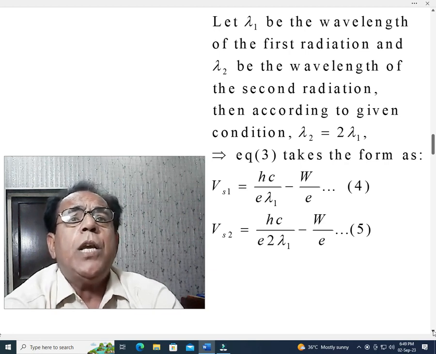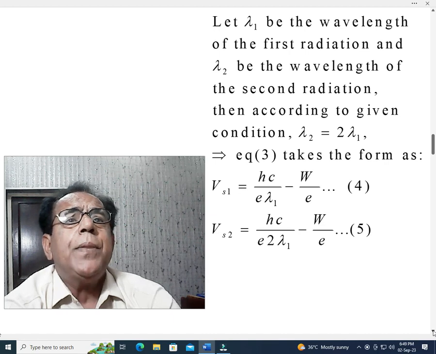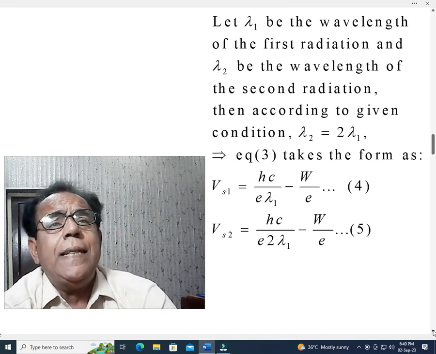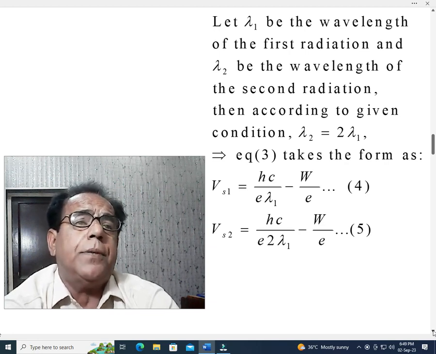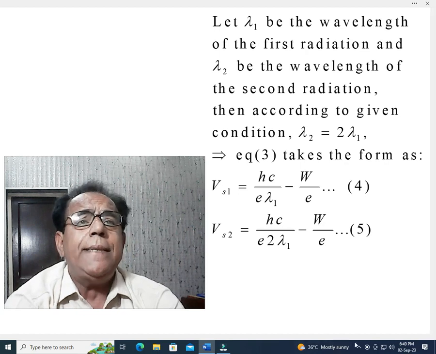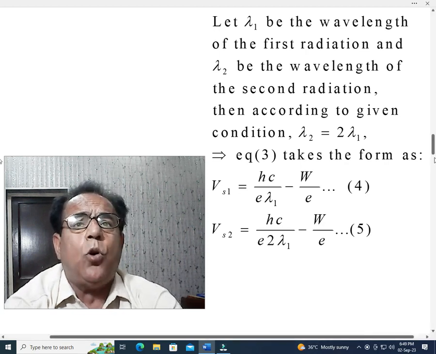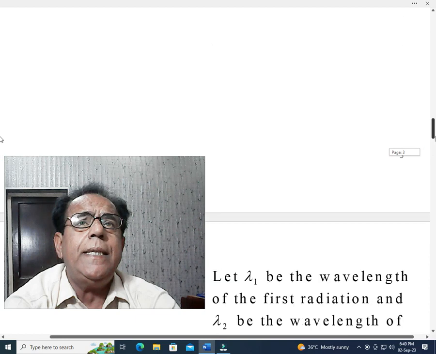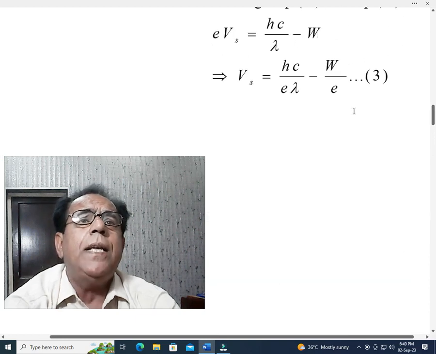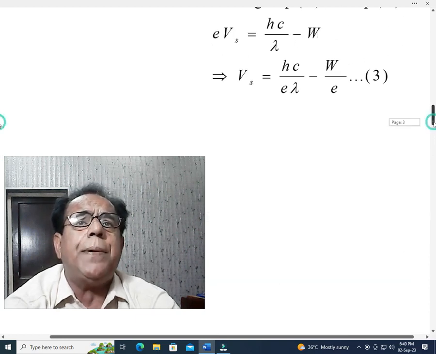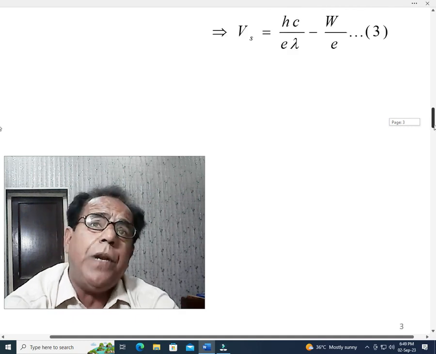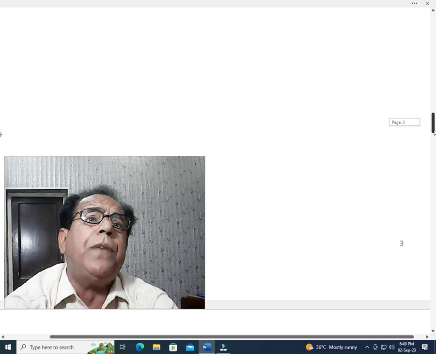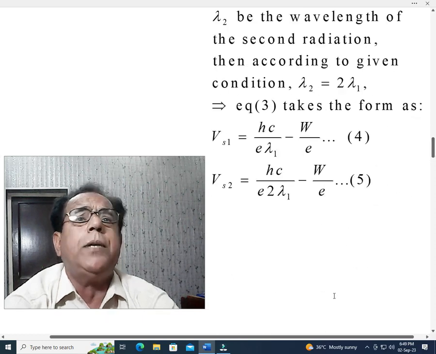Then according to the given condition, the second wavelength is double the first wavelength, so definitely lambda 2 will be equal to 2 lambda 1. This implies that in equation number 3, we will use lambda 1 and then lambda 2, whose value in terms of lambda 1 is 2 lambda 1.